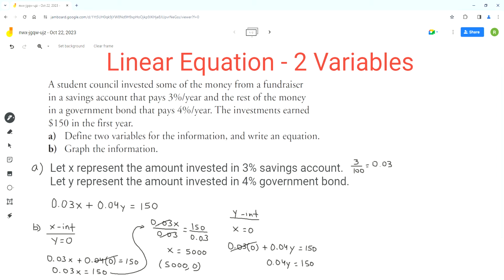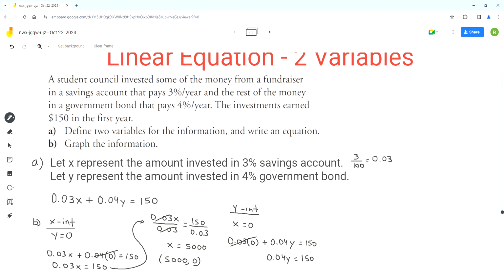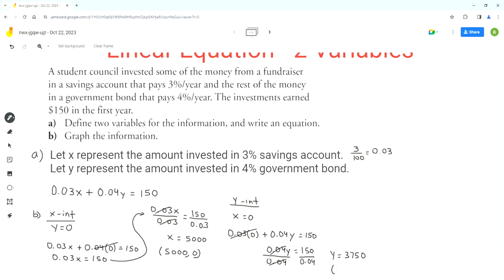We can isolate y by dividing both sides by 0.04. So 0.04 on the left side cancel each other out. So I got y equals $3,750. This can also be written as a y-intercept point as (0, 3,750).